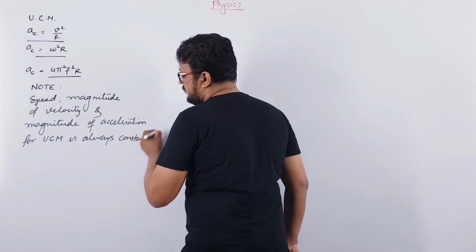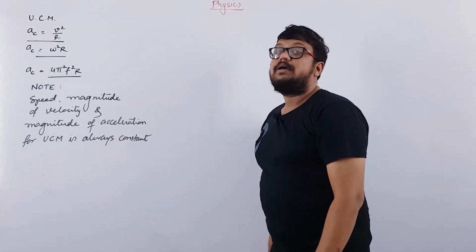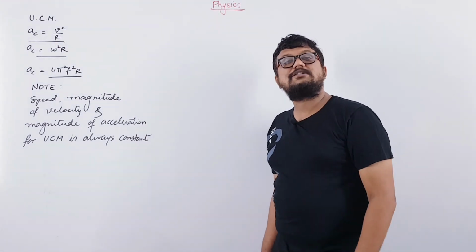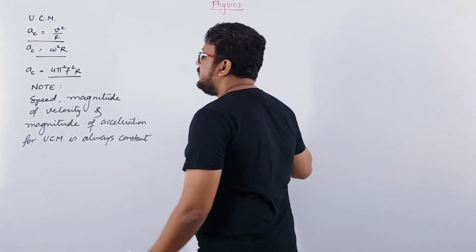This is the condition for uniform circular motion, that is magnitude of velocity, that is speed, and magnitude of acceleration should always be constant.